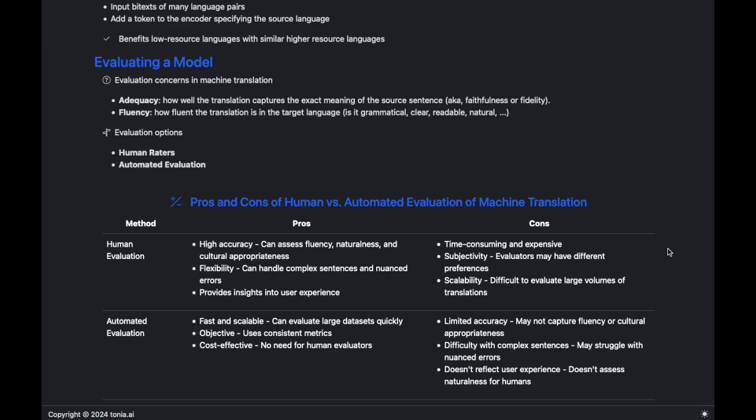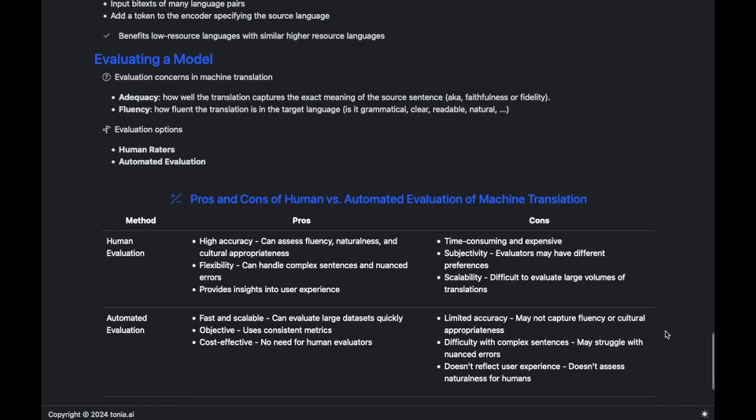So evaluators may have different preferences in how they would expect the translation outcome to be. And using humans is not particularly scalable because it's difficult to evaluate large volumes of translations. You would either require a lot more time or a lot more humans applied to the challenge to make it scalable.